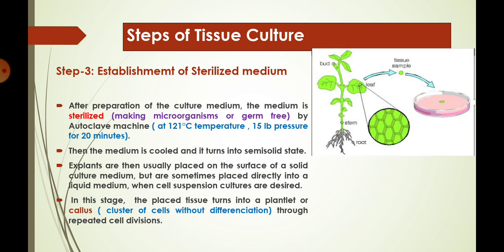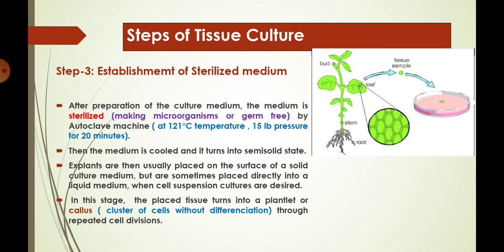in which we can give a fixed temperature and pressure, and it will operate for a fixed time. And in this process we will use 121 degrees Celsius temperature and 15 pound pressure, and they will be applied for 20 minutes.